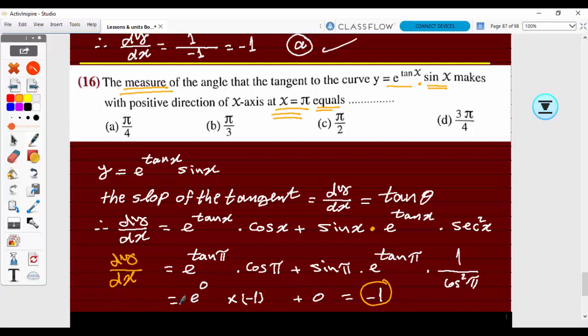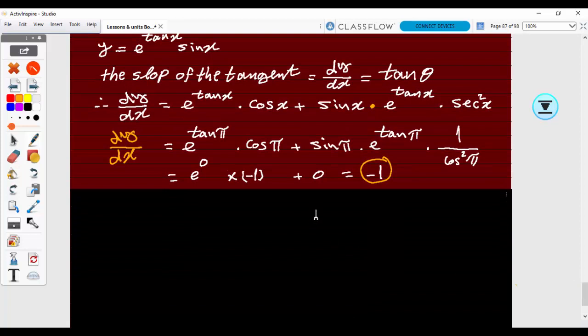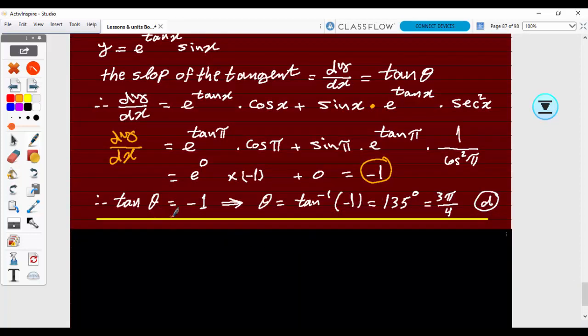It means tan θ equals negative 1. So θ equals tan inverse of negative 1. You can calculate θ equals 135, which equals 3π/4.